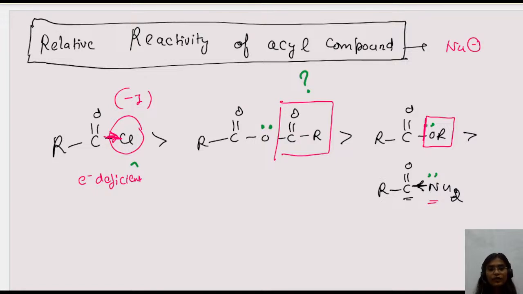In the case of anhydride, is it behaving like an electron withdrawing group or an electron donating group? I guess it's an easy question. Between anhydride and ester, which one is behaving like an electron withdrawing group or an electron donating group?